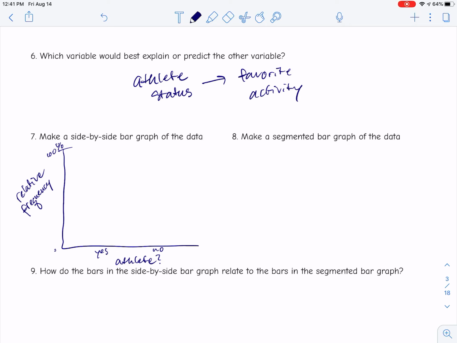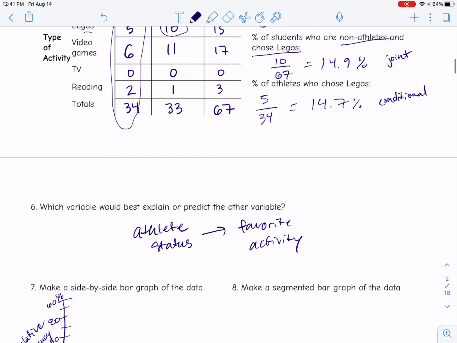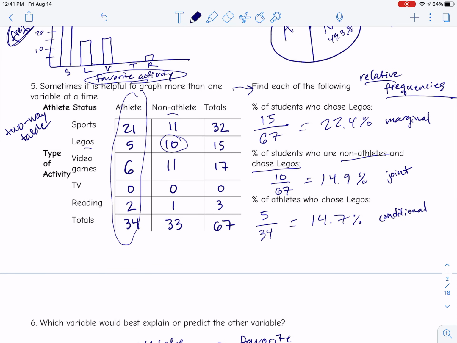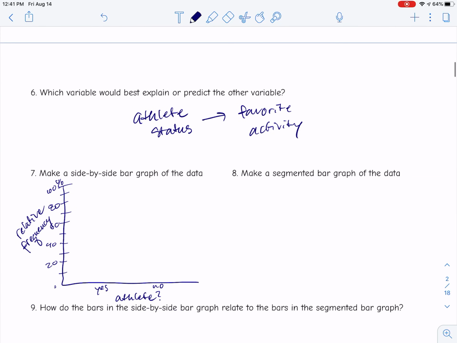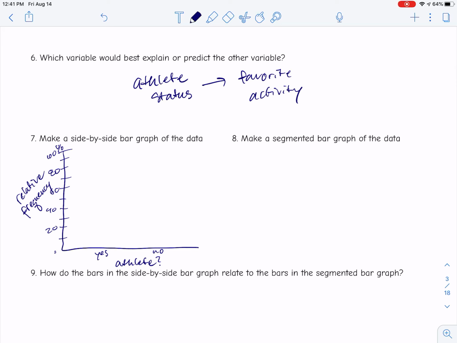Alright, so I'm set up and good to go. I calculated the relative frequencies beforehand, but let's go ahead and fill this out and see how it looks.